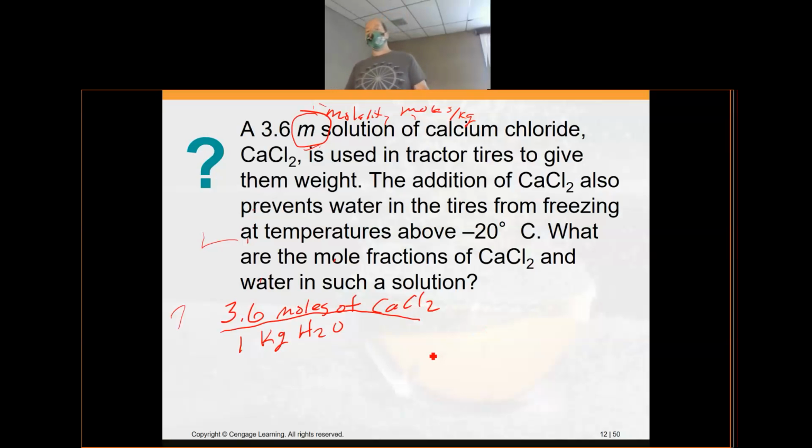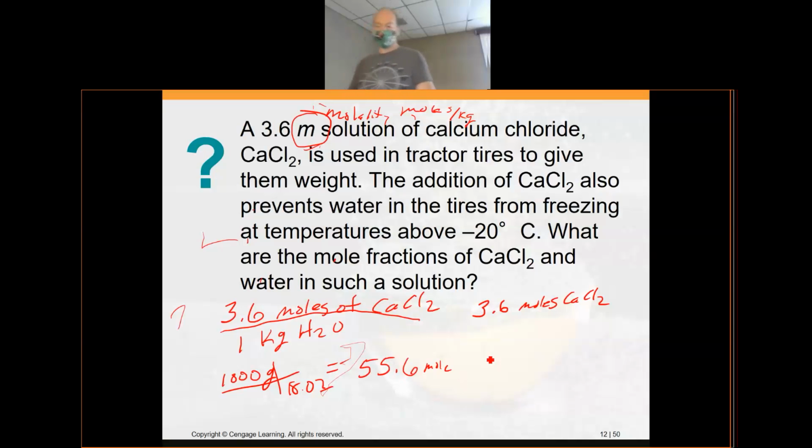All right, so again, to get the mole fraction, well, you got to go to grams and then get moles. Well, you don't have to for calcium chloride because you already have moles of calcium chloride. We have 3.6 moles of calcium chloride. But here, water, we have 1,000 grams. 1 kilogram is 1,000 grams. Just divide that by its molar mass and you get 55.6.